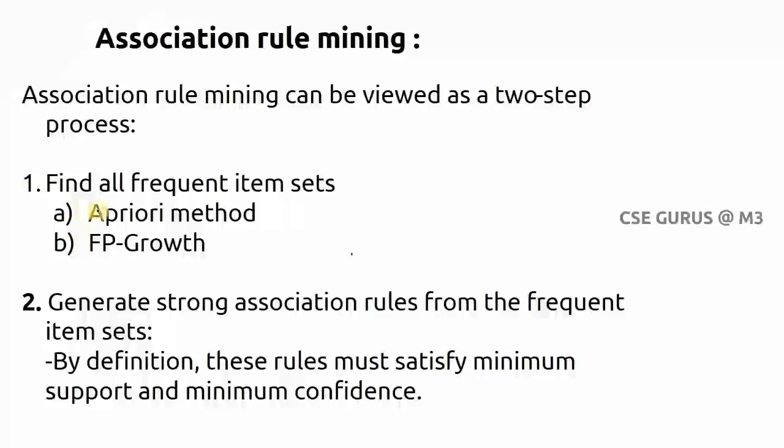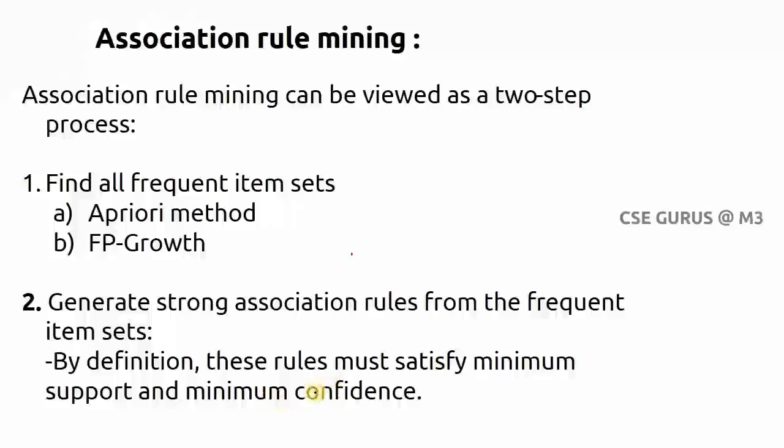After that, we will get all frequent item sets from whichever of these methods you use. Then, by taking those frequent item sets, we can generate strong association rules. The strong association rules must satisfy minimum support and minimum confidence.